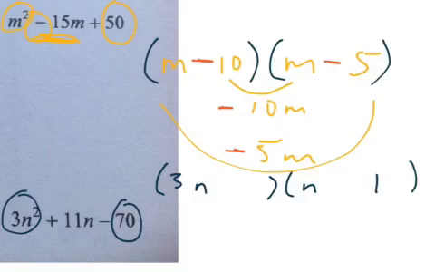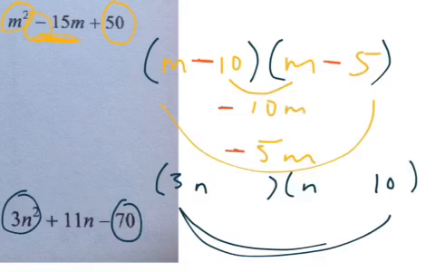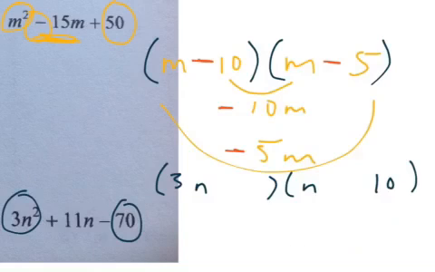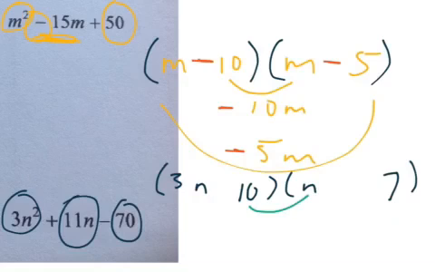And I know that if I put the 10 here, see how the 10 times 3 is going to give me a 30. And that's way too large for that 11 right there. So instead of 10 there, I'm going to put the 10 here and the 7 over there. And you see, by doing that, let's see how my loops work here. I know 10 times n is 10n.